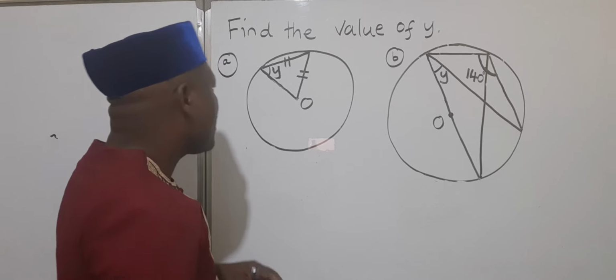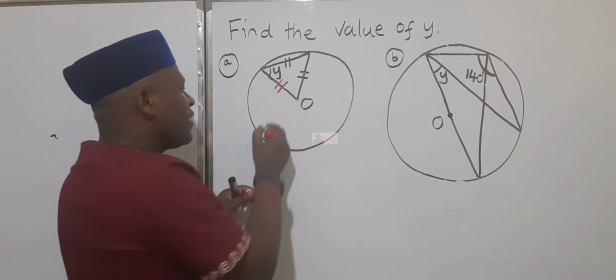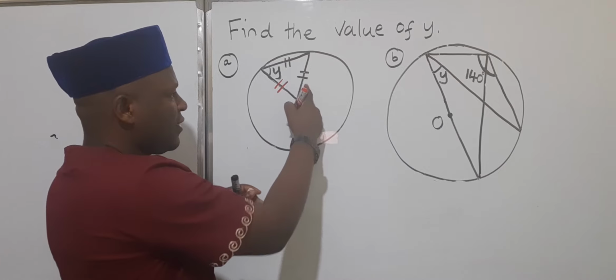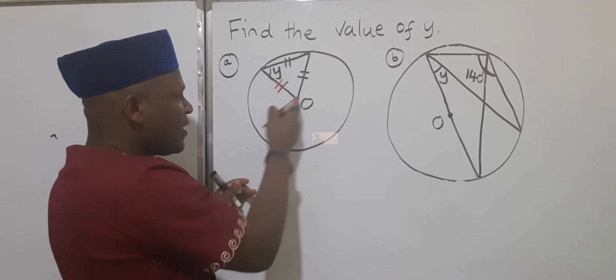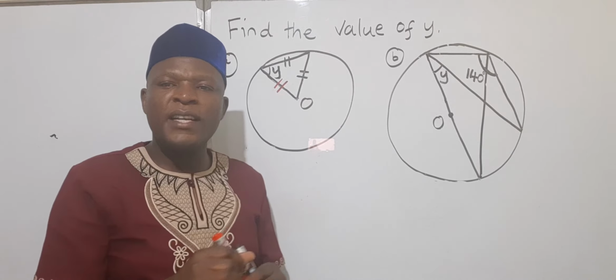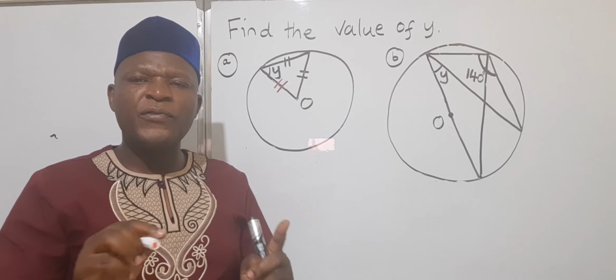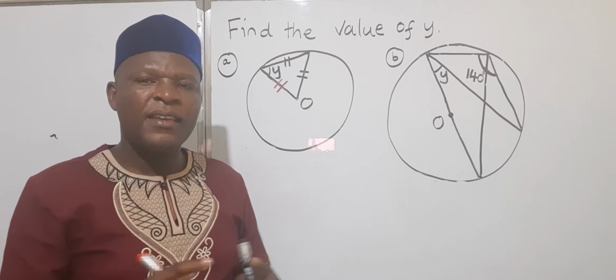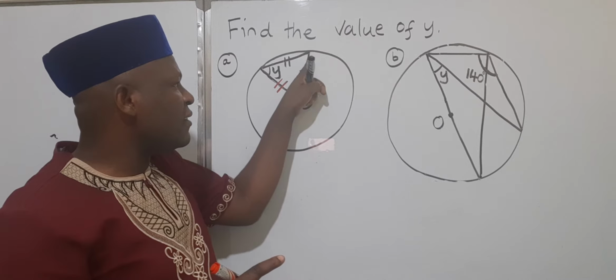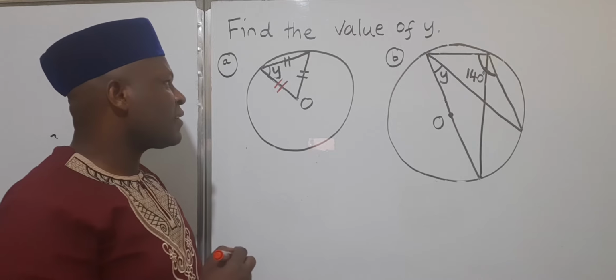Meaning that even this line is going to be equal to this. The reason is this is a radius and that is a radius. You cannot have two radii on one circle of different length. If this is 10 centimeters, it means even this one is going to be 10 centimeters.